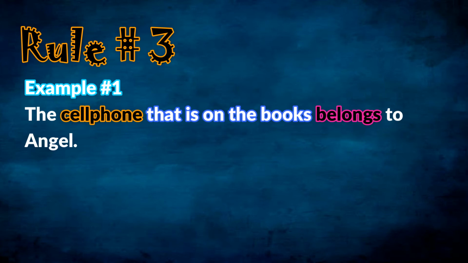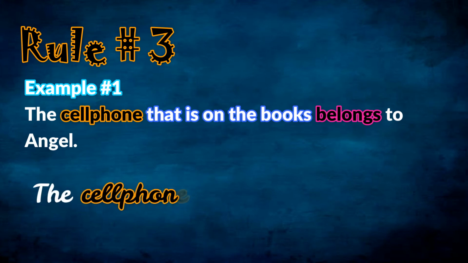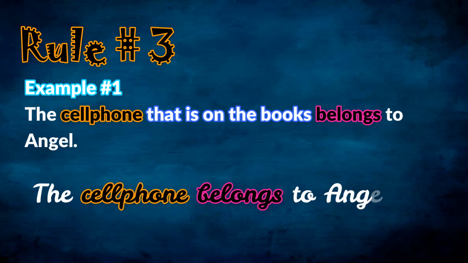So even if we remove that is on the books from the sentence, your sentence still makes sense, which is the cell phone belongs to Angel. So our subject is cell phone and our verb is belongs. Since we use cell phone as our singular subject, we also have to use belongs as a singular verb.